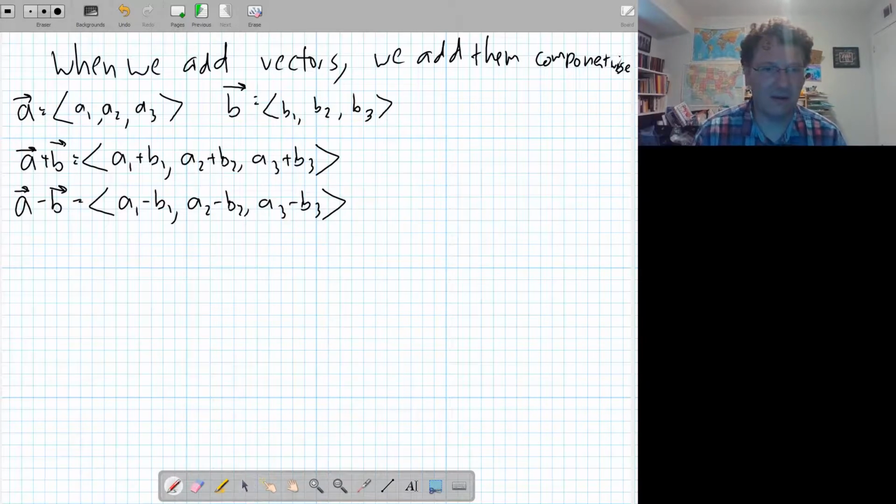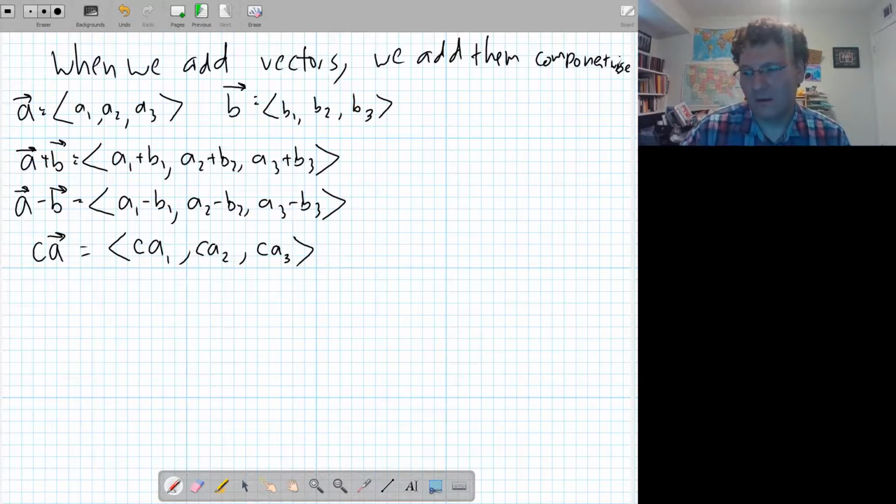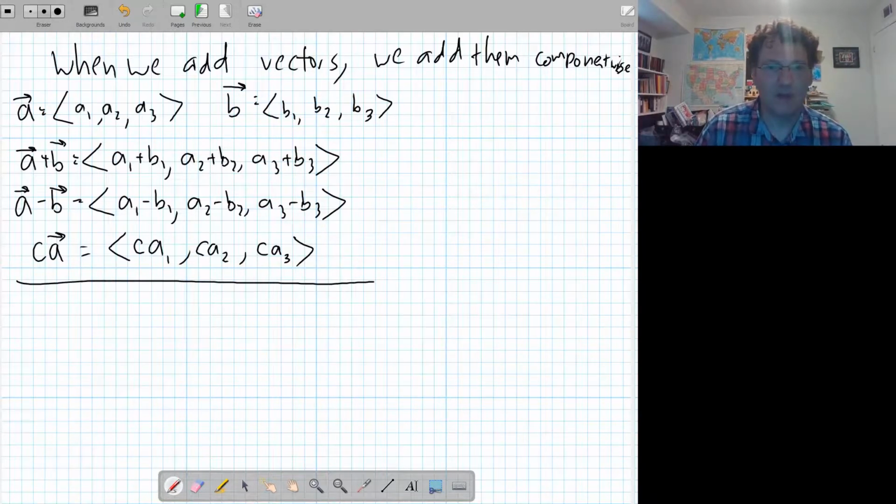And then if you have a scalar times vector A, you're going to be multiplying the scalar against each of the components. CA1, CA2, CA3. Let's see, some properties of vectors. We'll be going to the next page for that.